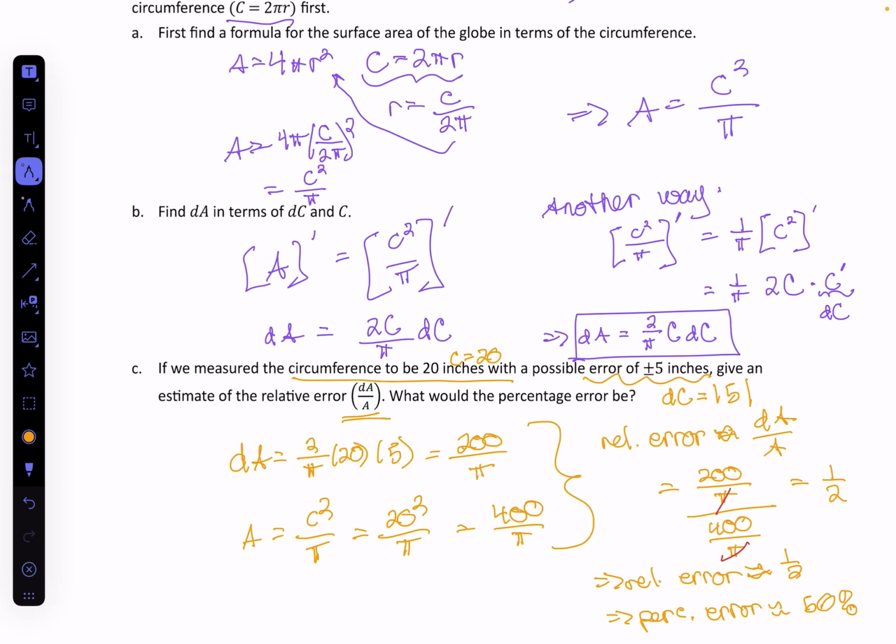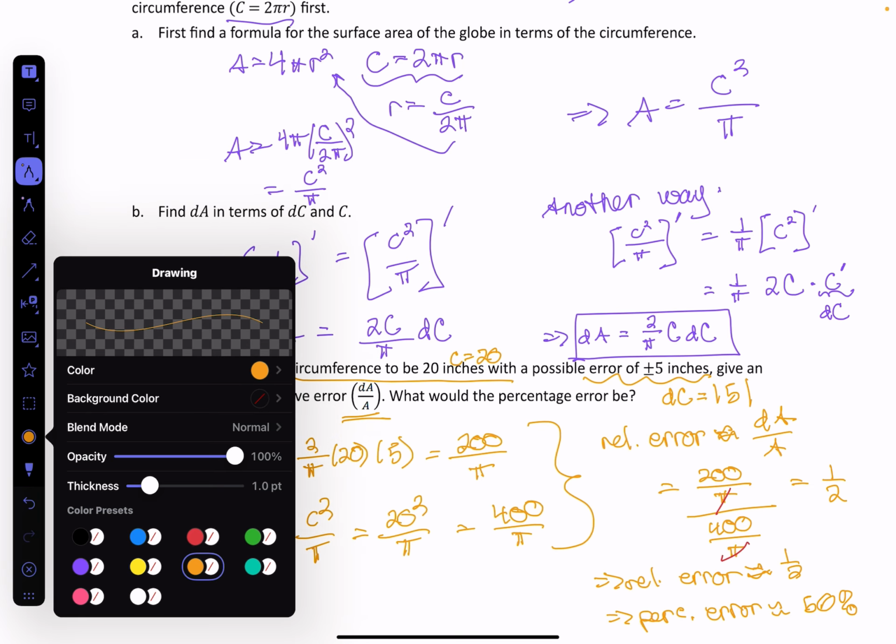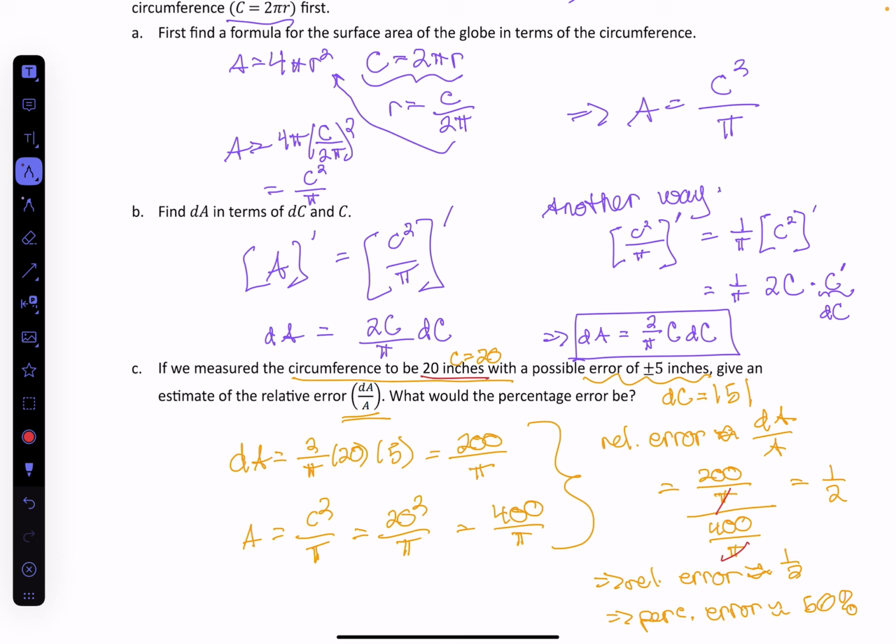But if you think about the size of the values here, if we have something that is measured as 20 inches and we have a possible error of 5 inches, that is very significant. And it becomes even more significant when we think about the fact that we are squaring that value to get our approximate A value. Okay?